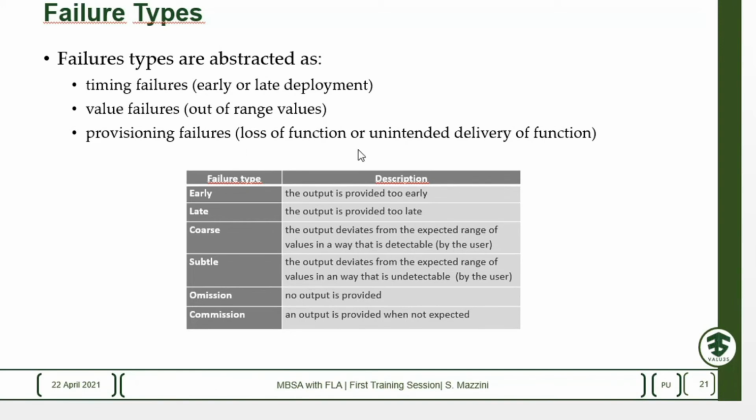So in particular, we can see a table with the kinds of failures. Early: the output is provided too early. Late: the output is provided too late. Coarse means that an output deviates from the expected range of values. Subtle: the output deviates from the expected range in a way that is undetectable. Omission: no output is provided. Commission: an output is provided when not expected.